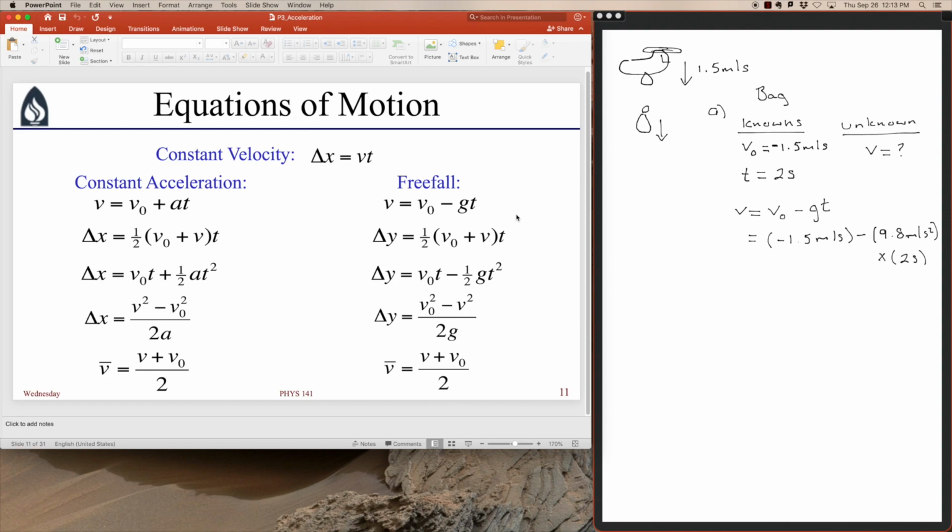So that will give me a final velocity of negative 21.1 meters per second. And that makes sense that it's negative because I expect that after the 2 seconds the bag would still be falling downward. So a velocity in the downward direction is a negative velocity with the coordinates that I've chosen.